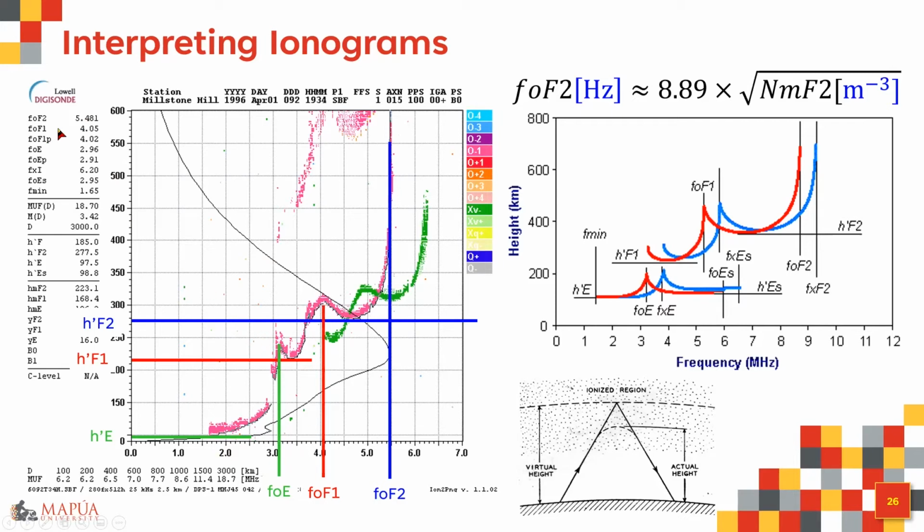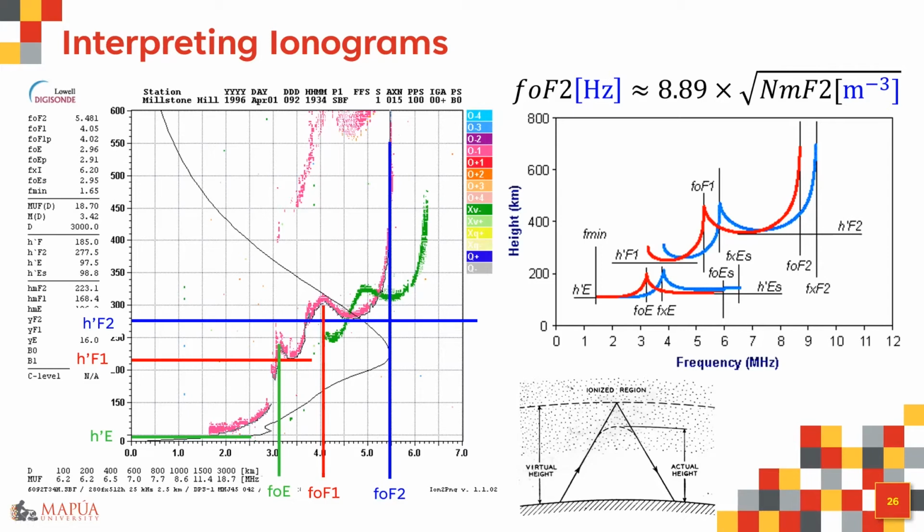However, these measurements are just first level measurements. The best way to calculate or estimate these ionospheric parameters is by manual scaling. Manual scaling is still the most accurate, but it's very tedious to do.